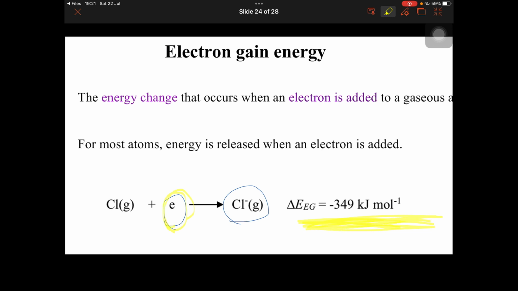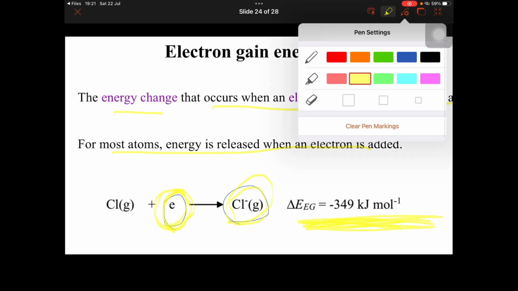So when an electron is accommodated in an atom, there is kind of an interaction formed, so energy is released. So that is electron gain energy, the energy change that occurs when an electron is added to a gaseous atom. Most atoms like to take electrons and get a stable electronic configuration.